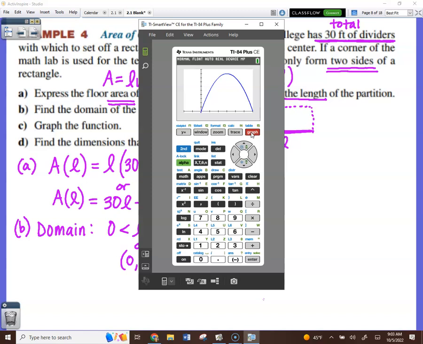Right? The question says, find the dimensions that would maximize the area. They're telling you, find the max of a quadratic. Well, we just did this yesterday. See if you remember the steps to type in your calculator. You're finding the max of that curve.